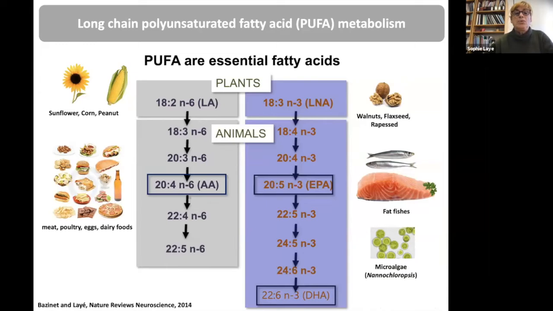So what are those omega fatty acids, also called polyunsaturated fatty acids? Well, there are two main families. Again, Aniko mentioned the omega-6 family and the omega-3 family. What I would like to pinpoint here is that the dietary sources of those two forms are very different.